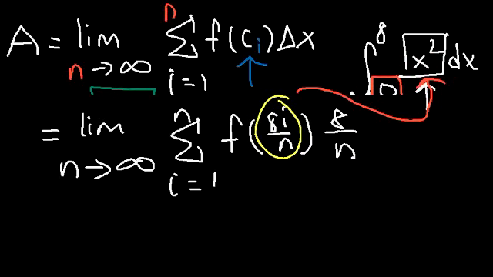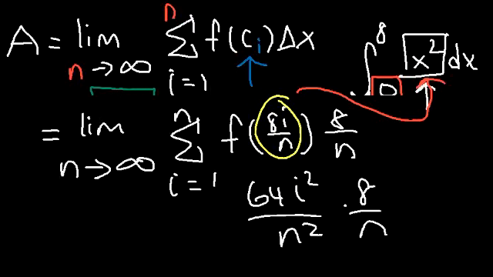So that's going to be 8i squared, which is 64i squared, divided by n squared, times 8 divided by n. 64 times 8 is 512.